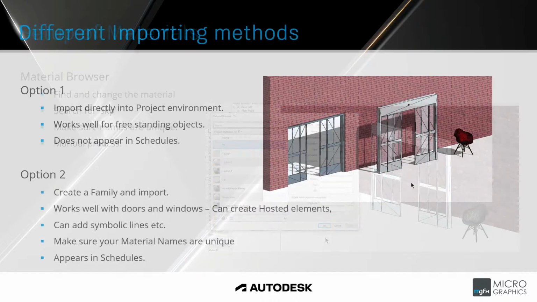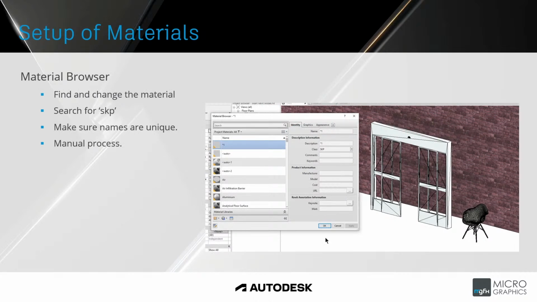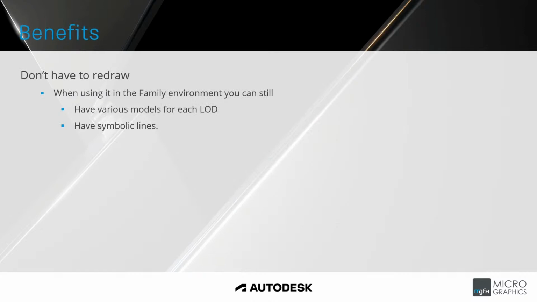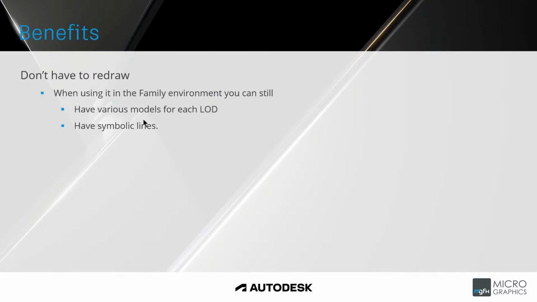Typically, if you're using option 2, which is the better option, it might be easier to define the materials because there's just a couple, and it is a manual process, but it's quickly done. A couple of benefits. One benefit is you don't have to redraw the content. You just take it from the 3D Warehouse.